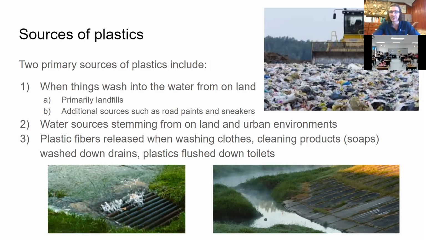When we're thinking about trash that runs off from the land or washes into the water, it can come primarily from landfills. You can see up top that picture of a landfill, which is where we dump all of our trash. Things can wash out of those landfills and still get into our waters. There's also a whole variety of areas where plastics can come from, including the paint that creates the lines on roads, or even things like clothing and sneakers.